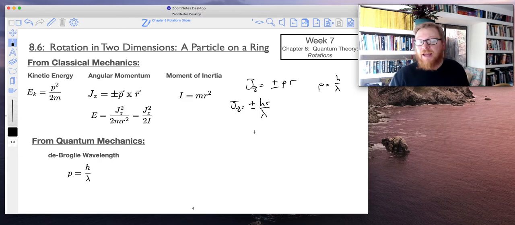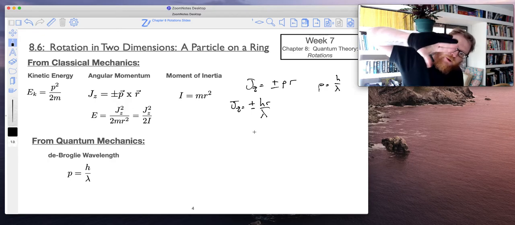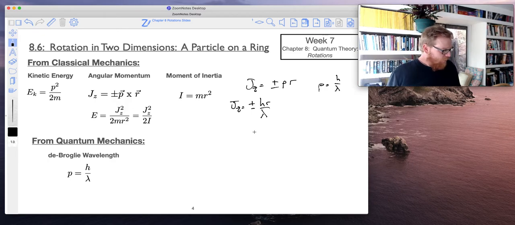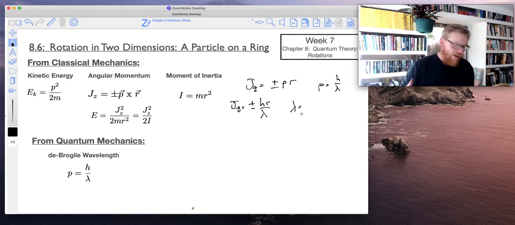And again, plus or minus because I can be rotating in this orientation or I rotate in this orientation, okay? So what is the wavelength for this thing? Well, the wavelength here, we're going to ascribe this closed loop or in-phase motion. And to get that, we're going to say the wavelength has to be some integer value of the radius.